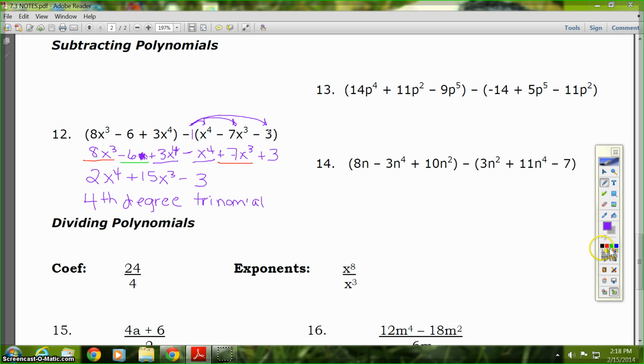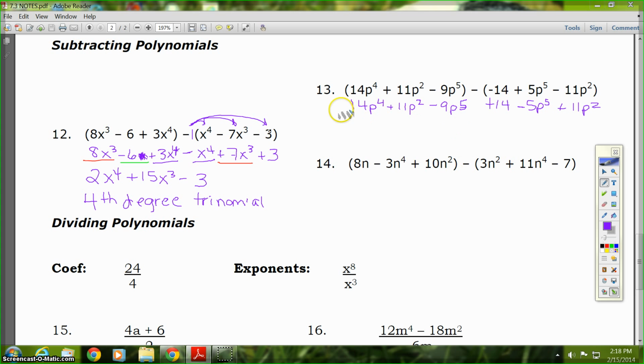Okay, number 13, I'm going to go ahead and distribute that negative through, and that's going to make it a +14, a -5p to the 5th, and a +11p to the 2nd. And I'm going to bring down my first part of the equation, 4p to the 4th plus 11p squared minus 9p to the 5th.